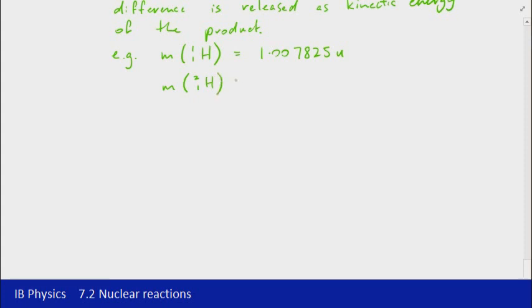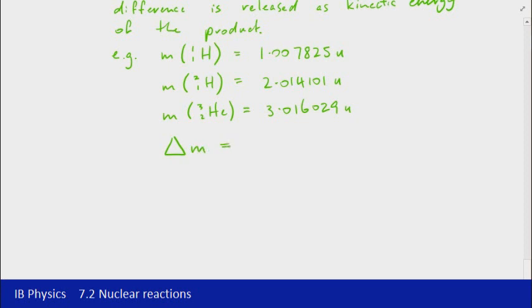Mass of hydrogen 2 is 2.014101 atomic mass units, and the mass of the helium 3 that's produced is 3.016029 atomic mass units.